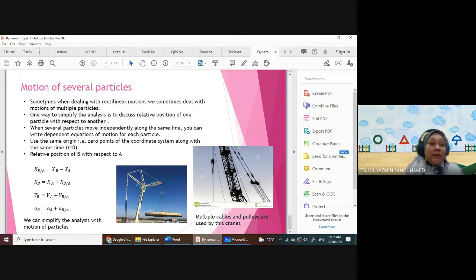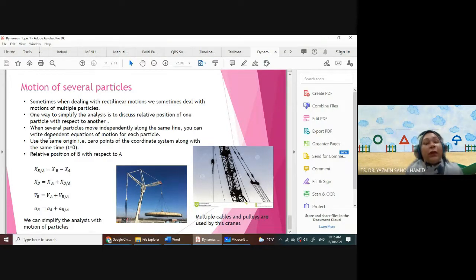Sometimes when dealing with rectilinear motions, we deal with the motion of multiple particles, meaning more than one. Previously, you learned about a vehicle moving in a straight line, which involved only one particle. Now we are trying to understand and relate the motion of more than one particle. One way to simplify the analysis is to discuss the relative position of one particle with respect to another particle.